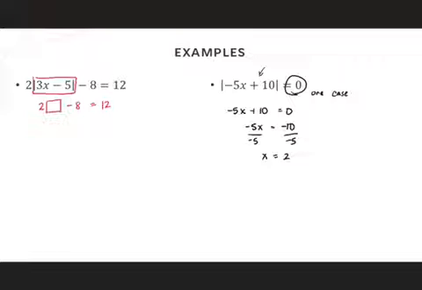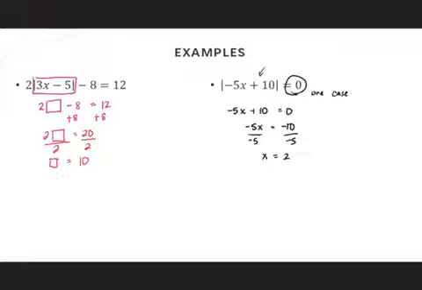We're doing the same thing. Here's your box. Figure out what goes there. Well, to find it, I would add 8 to both sides. So now I have 2 of the boxes equals 20. Then I would divide by 2. So the box is 10.